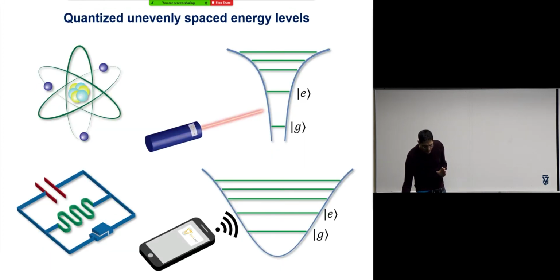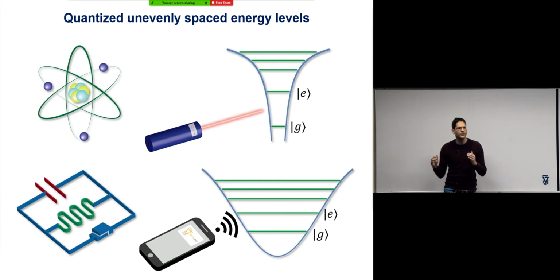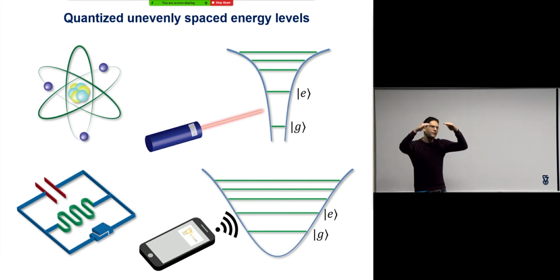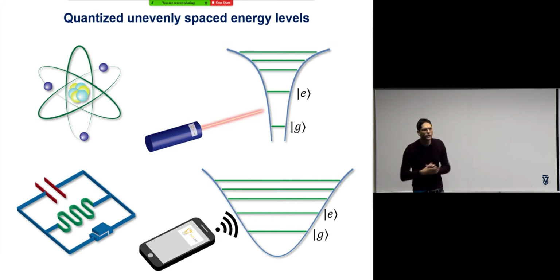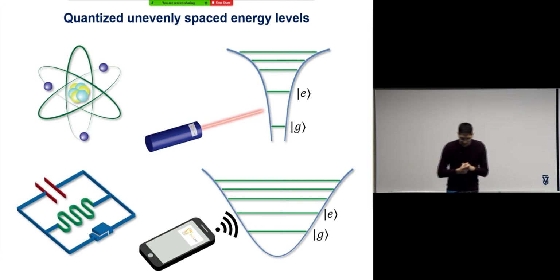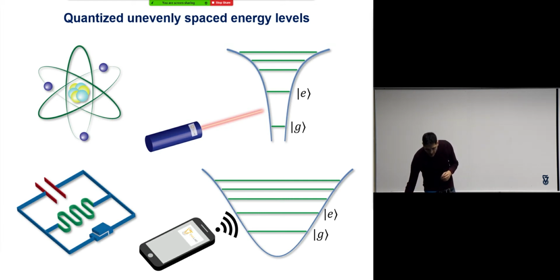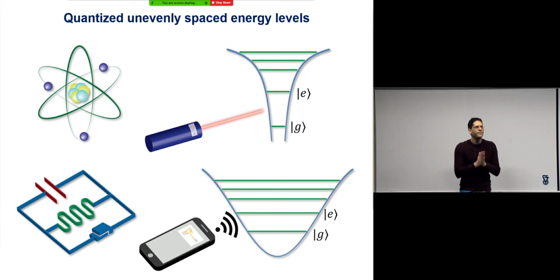So you have your atom, which has these anharmonic levels, and you have some distinct transition, which you call G and E. If you remember, in our circular Rydberg atoms, we had circular Rydberg 50 and 51. That was the qubit of choice for the Serge Haroche experiments. And neutral atoms might have laser transition frequencies and so on.